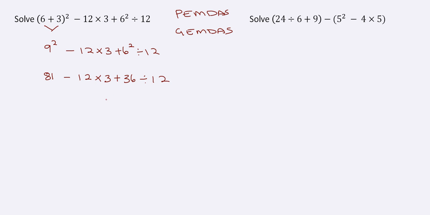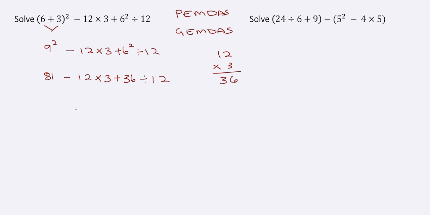So now we have multiplication, division in the same statement. So we're going to start from the multiplication. So 12 multiplied by 3, that is 2 multiplied by 3 is 6, 1 multiplied by 3 is 3. Actually, it's 36. We don't need the remainder up here.